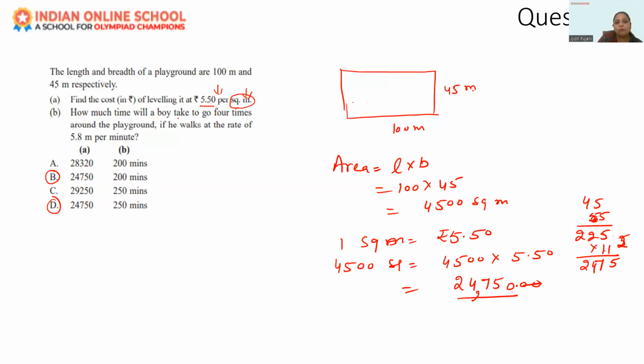How much time will a boy take to go 4 times around the playground? If we have to move around the playground, it means we have to go for the perimeter. Boundary always means the perimeter.